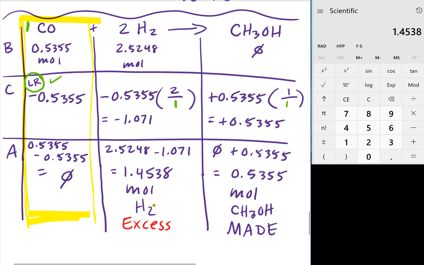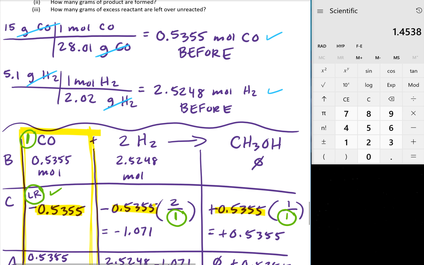And notice that, first of all, the coefficient of the limiting reactant of 1 was carried over as the denominator in the fractions. And 2, the value that we subtracted from the carbon monoxide, our limiting reactant, gets transferred to all the other change columns.